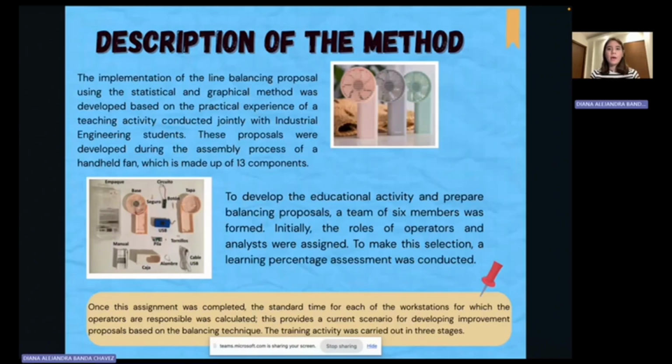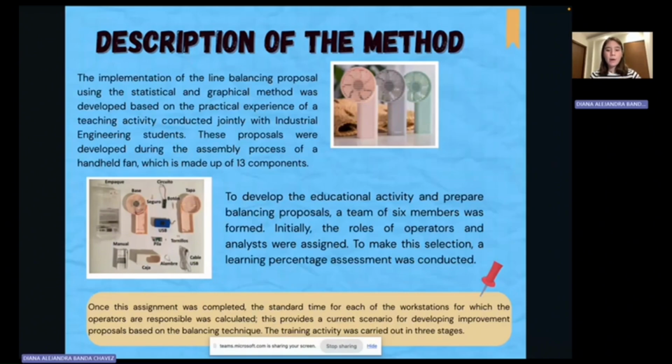The operators were the ones responsible for carrying out the whole assembly process, and the analysts were the ones responsible for taking all the information from this process. Once this assignment was completed, the standard time for each of the workstations for which the operators are responsible was calculated.